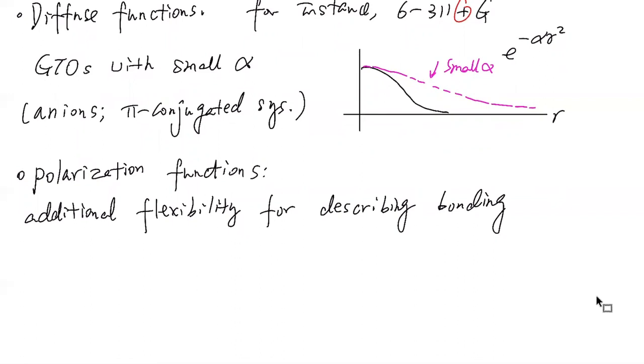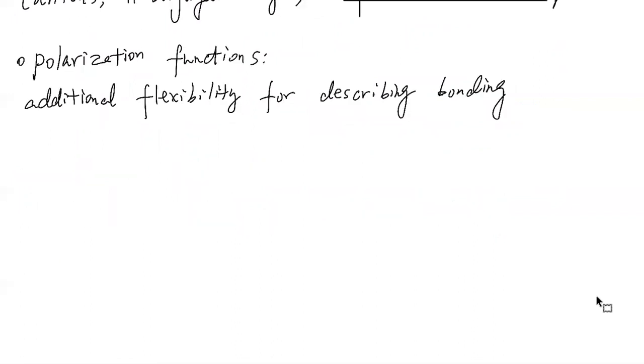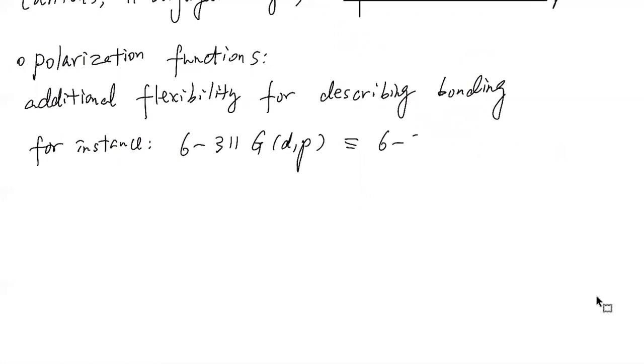For instance, sometimes in the literature you see the notation 6311G(d,p), or another notation, 6311G**. These two symbols mean the same thing.